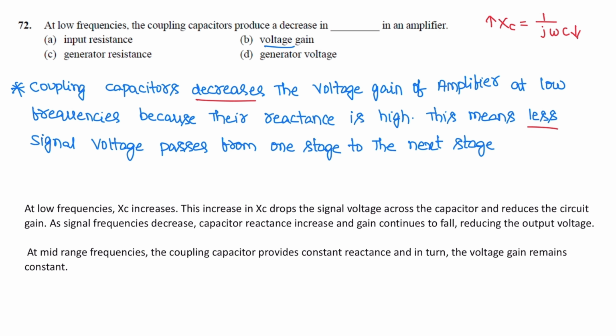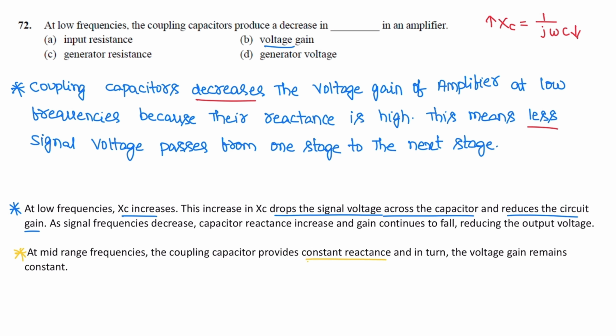At low frequencies, the capacitive reactance increases. This increase in XC drops the signal voltage across the capacitor and reduces the circuit gain. As signal frequency decreases, the reactance increases and gain continues to fall. In mid frequencies, the coupling capacitor provides constant reactance and the voltage gain remains constant.